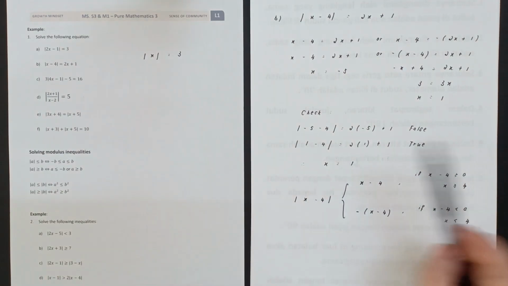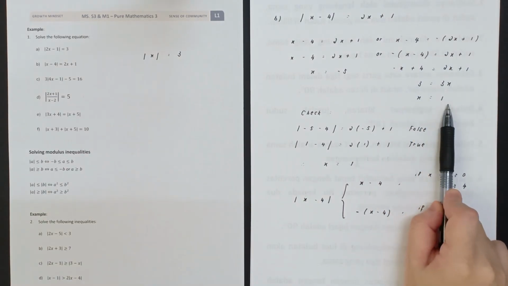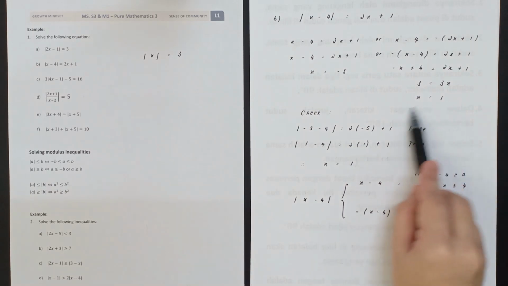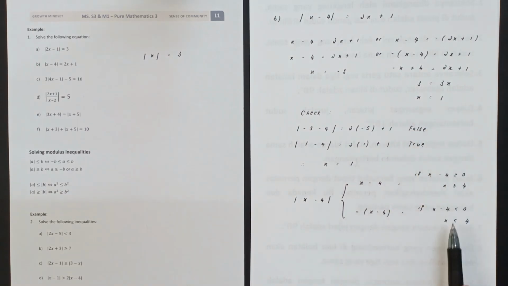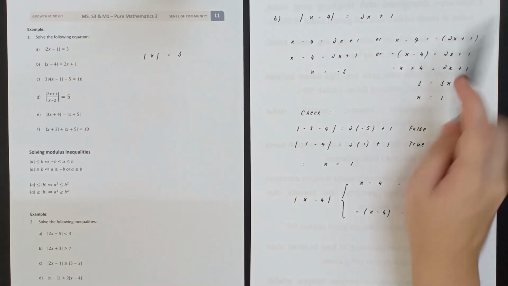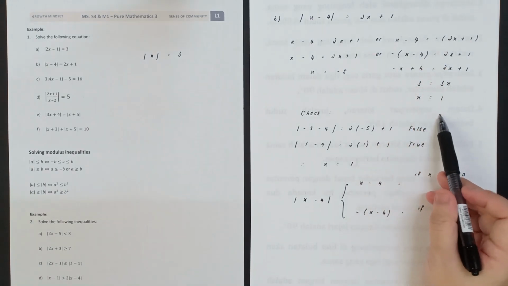So let's see the correct one. So this is the correct one when x equals 1. So x equals 1 actually falls under this, correct? So meaning x is smaller than 4. So this is how you get x equals 1. So when you do negative (x minus 4), it's correct because by definition it's correct, right?